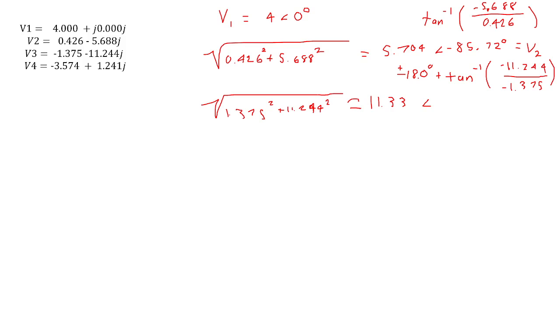But you can also resolve that by choosing positive or negative 180 carefully. You just have to go to the other side. It's the angle that's 180 degrees away from the angle that you get here.